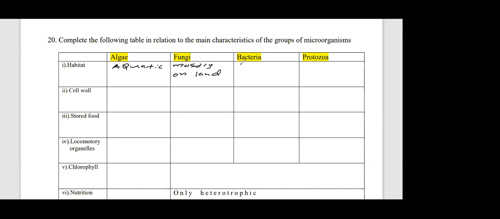Bacteria are found in all environments, widely distributed: air, soil, inside the human body, inside the plant body. Then the next one, protozoa, aquatic.